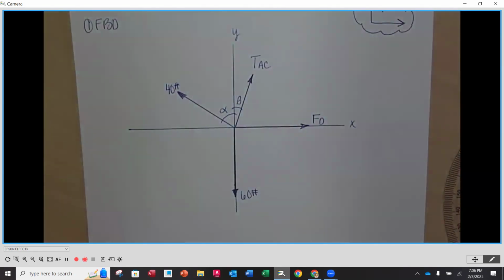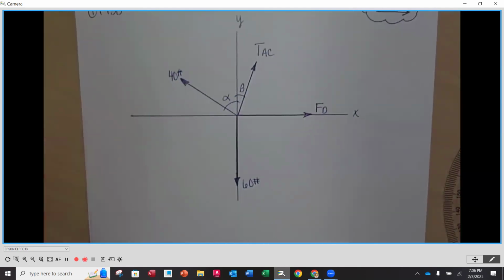So go ahead and calculate alpha and beta. See what you come up with. Make sure we get the same numbers. I'm going to give you a chance to do that.